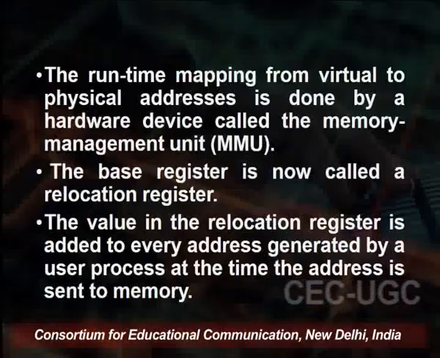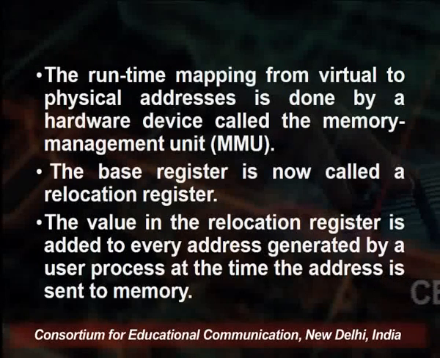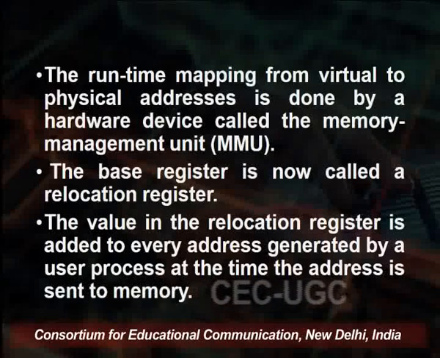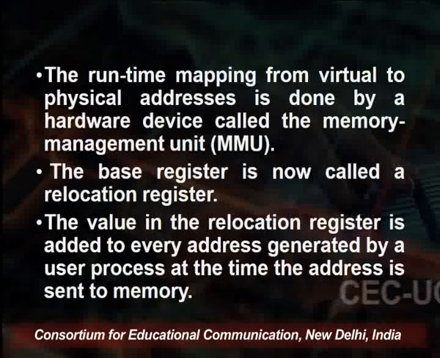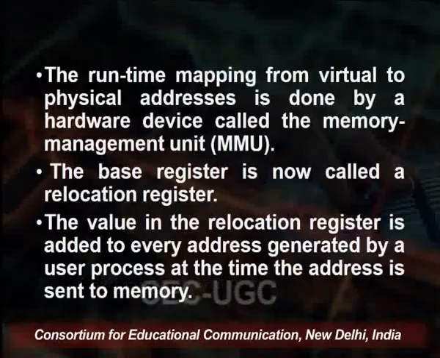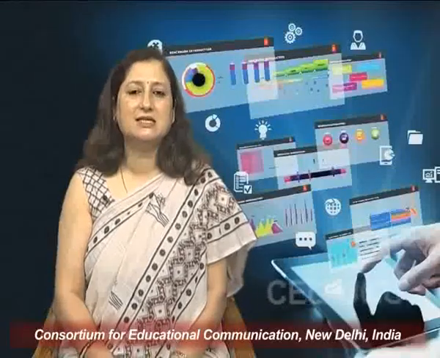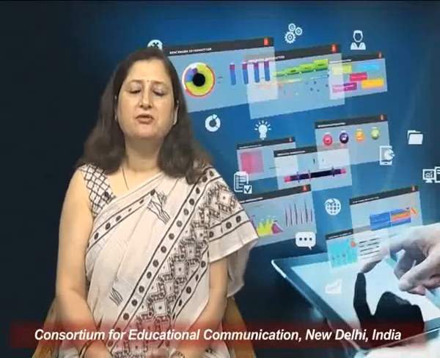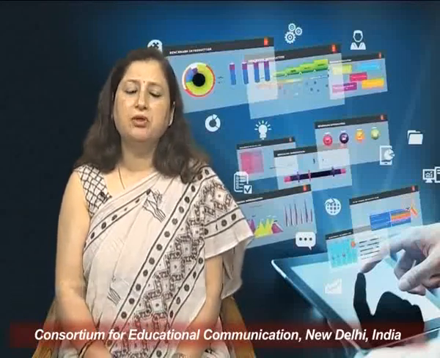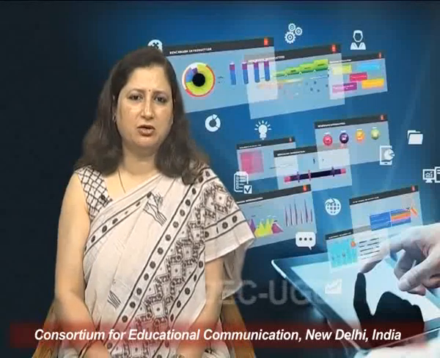Now, the base register that we had discussed is actually called a relocation register, and the value in the relocation register is added to every address generated by a user process at the time the address is sent to the memory. If you remember, the base register used to hold the lowest value available for a particular process.